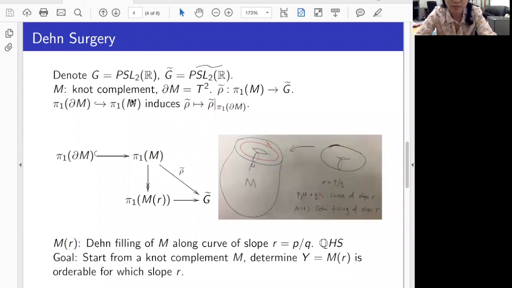Before I turn to the next page, notice that the inclusion of the fundamental group of the boundary of M into the fundamental group of M induces a restriction of the PSL2R tilde representation of M to a PSL2R tilde representation of the boundary of M. So to study when the kernel vanishes under rho tilde, we could restrict rho tilde to the boundary of M.